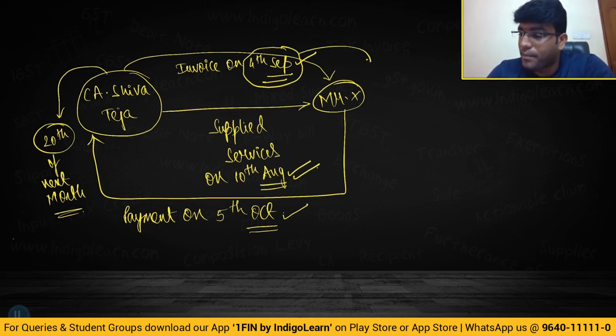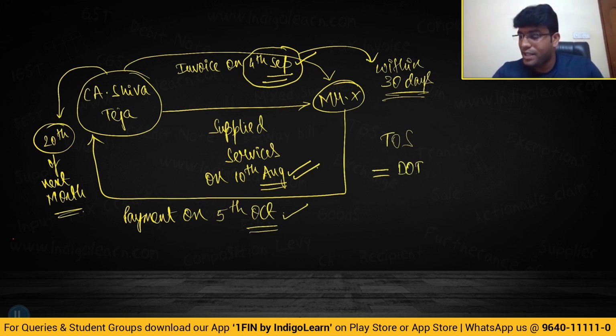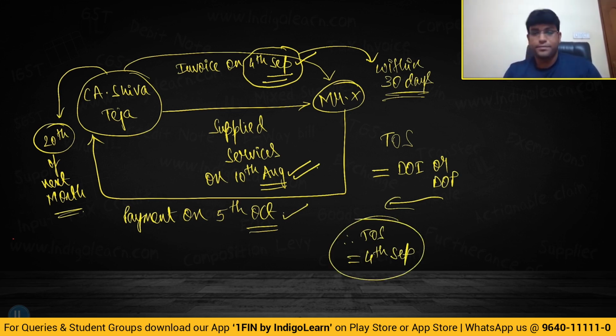That means I gave invoice within 30 days. When I gave invoice within 30 days, come on guys, what does time of supply become? Date of invoice or date of payment, whichever is earlier. Therefore, my time of supply turns out to be 4th of September.